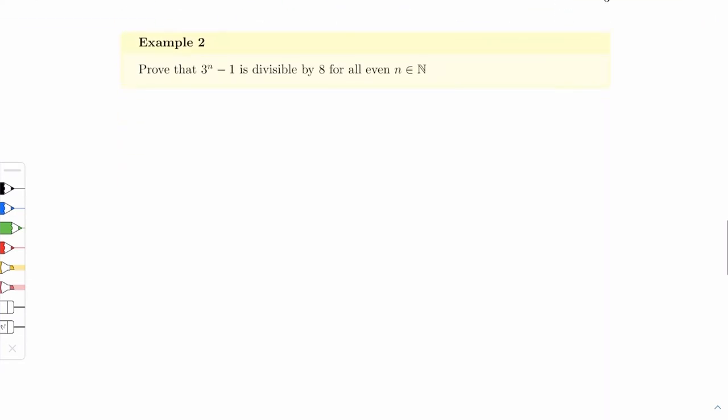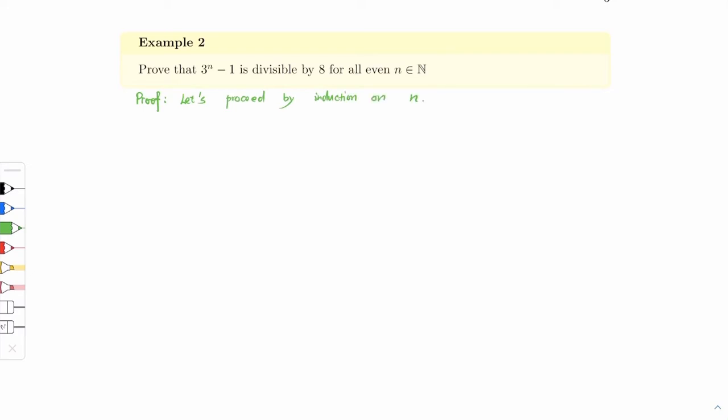Now let's look at the second example. We want to prove that 3 to the n minus 1 is divisible by 8 for all even natural n. So again, proof. Let's proceed by induction on n.